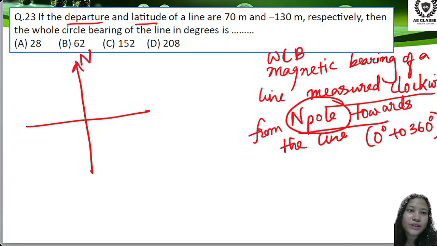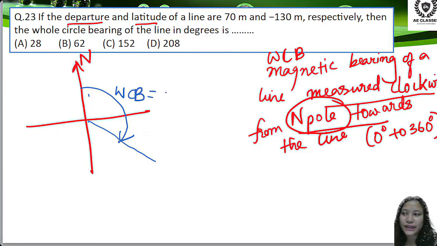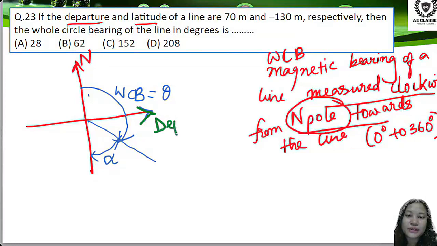Sorry, let me change the color. This is the whole circle bearing. This is given by, let this be theta. And here, let this be alpha. So you see, this distance here represents the departure.